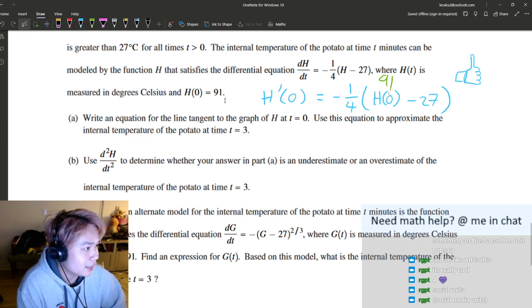Okay, h of 0 is 91, so I know that that's 91. So what is this? Negative 1/4 times 91 minus 27, and this is without a calculator. What the heck is this? 64?